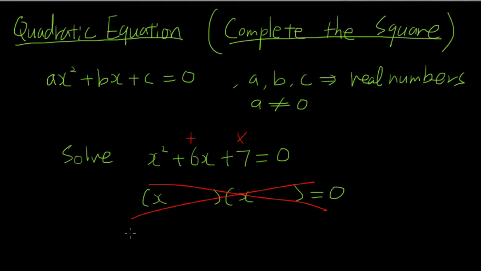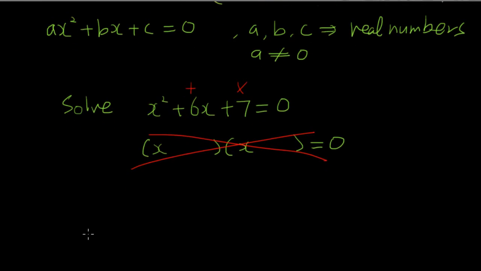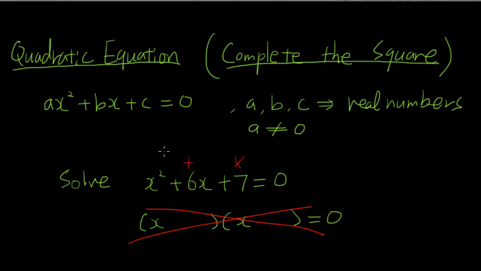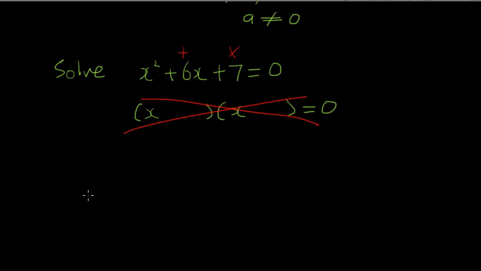Well, if it doesn't work, then what do we do? When it doesn't work with factoring, we can use several other options, and one of the options is called the complete the square technique. So we are going to rewrite this in a slightly different format. We're going to write x squared plus 6x.